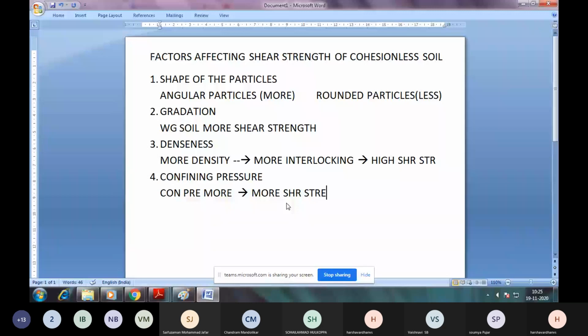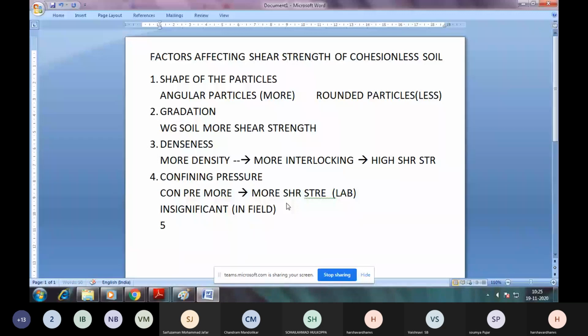When you go to the field, it is insignificant.